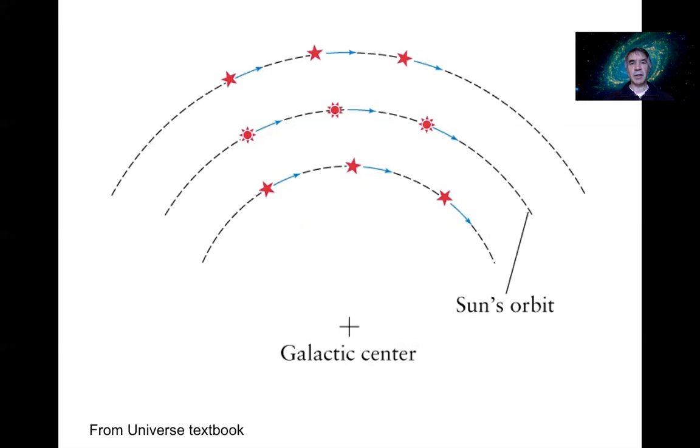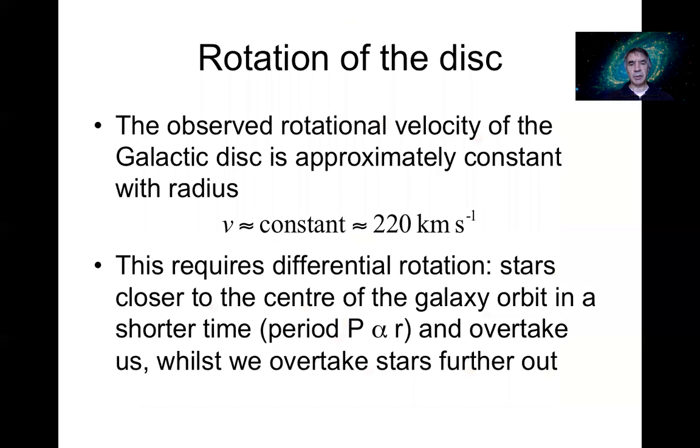So this idea of differential rotation, actually just let me make another point. A good analogy, an alternative to differential rotation, of course, would be solid body rotation. If you had solid body rotation, like a dinner plate, the period would be constant with r.